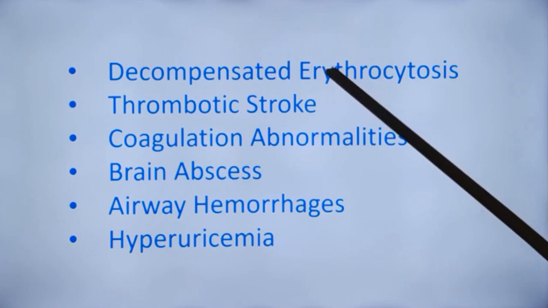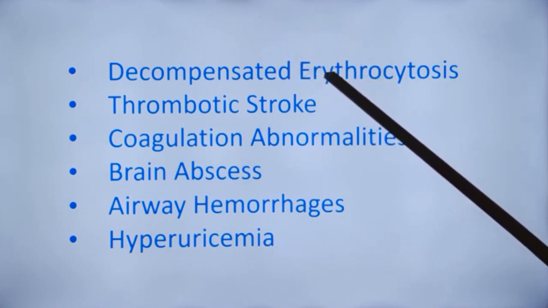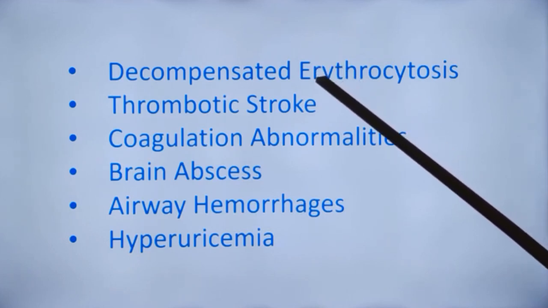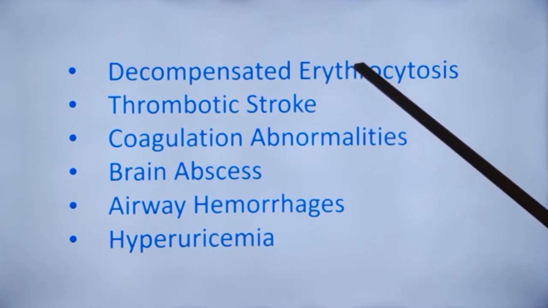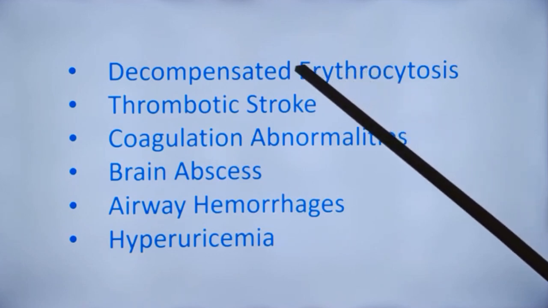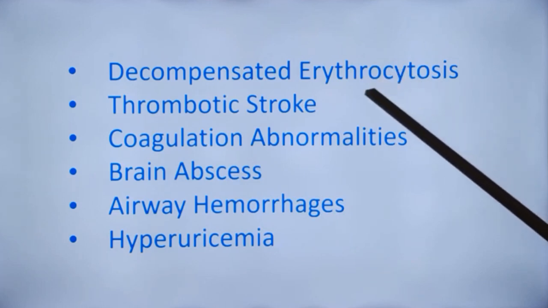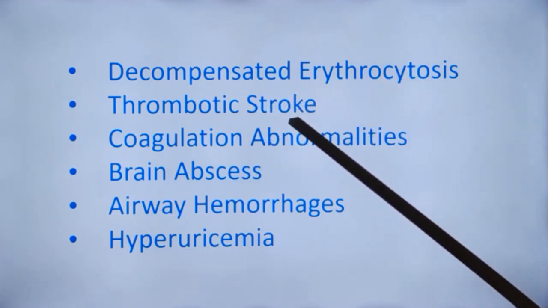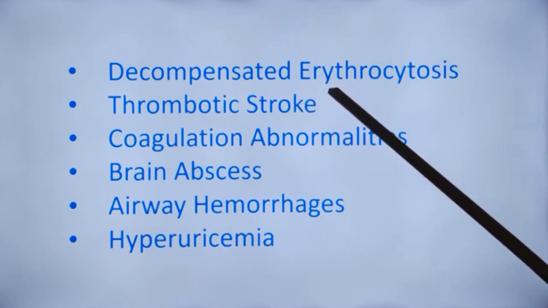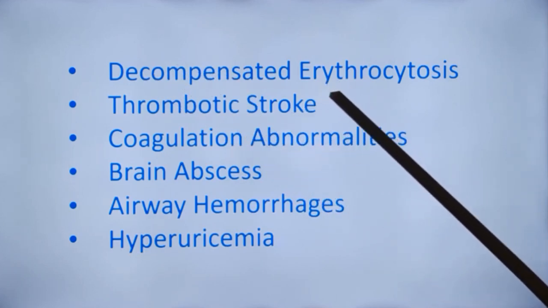Another feature is that if you do venesection for removing the excess RBCs to reduce the symptoms of hyperviscosity, there is a temporary improvement, but then erythropoietin secretion increases further and you can have a decompensated erythrocytosis. So venesection for Eisenmenger syndrome is a double-edged situation. Unless it is carefully taken care of, it can cause decompensated erythrocytosis, which is a vicious cycle.